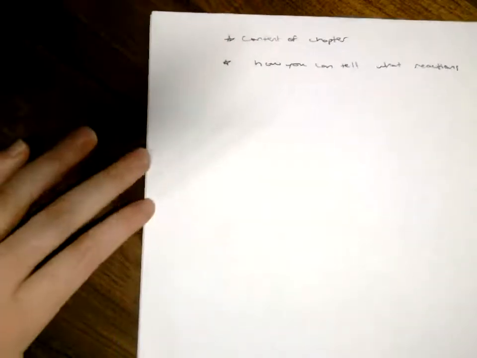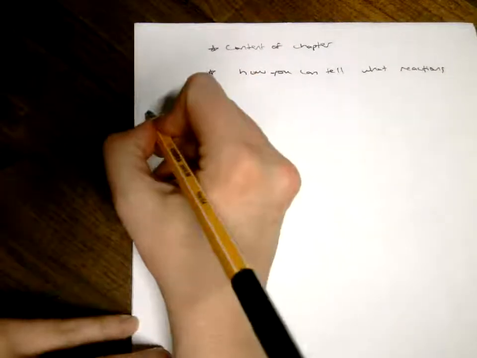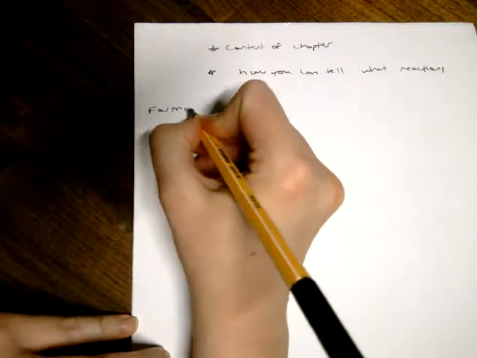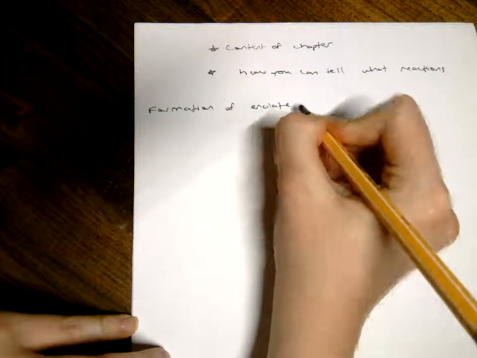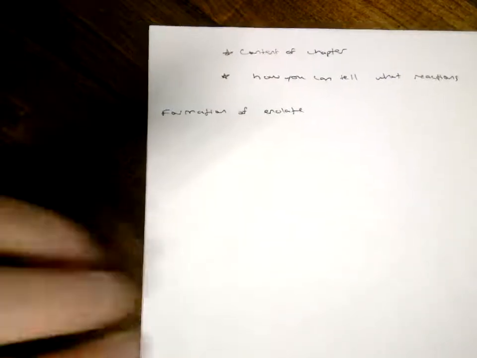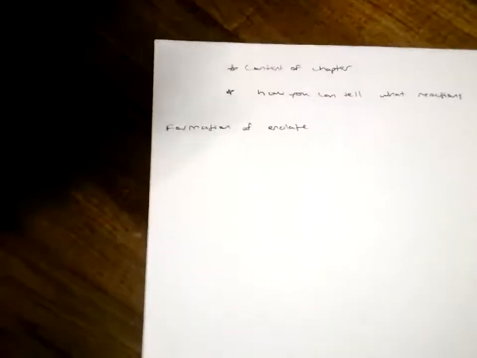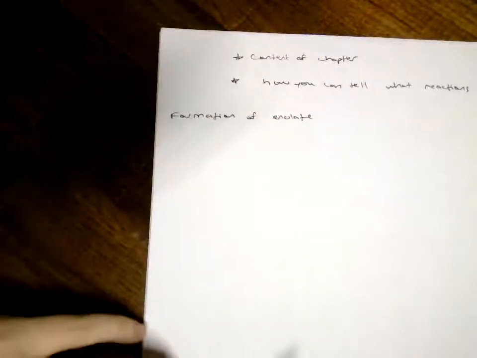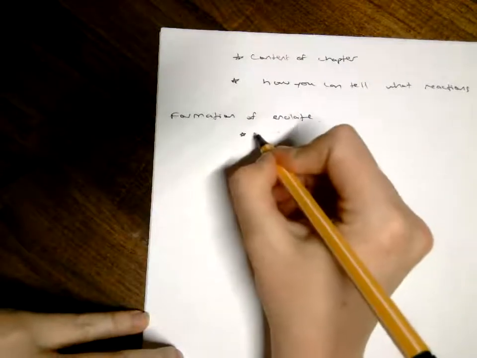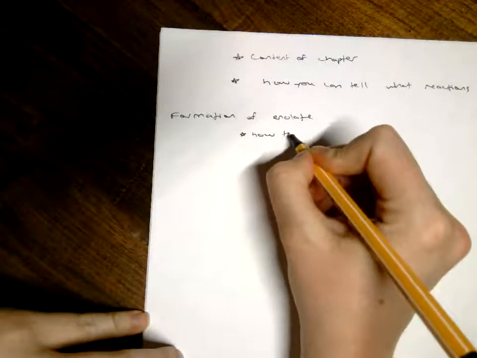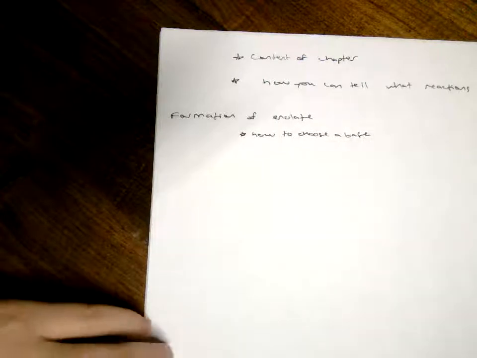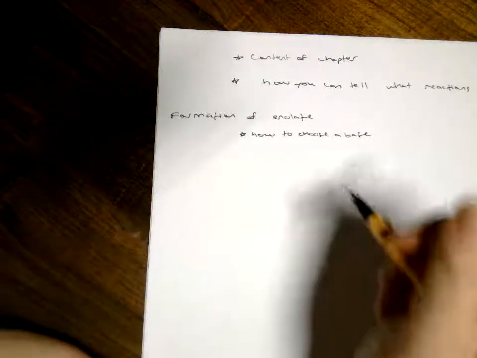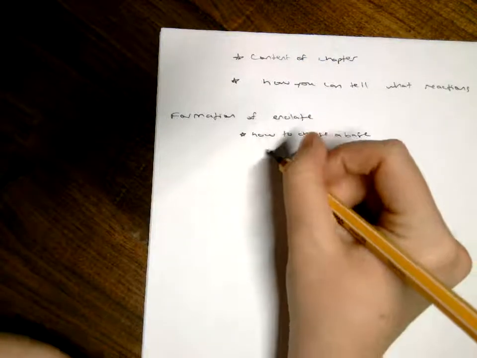So overall, what we've learned about in this chapter is formation of the enolate. And specifically regarding formation of the enolate, we've learned how to choose a base. And that's based on just comparing the conjugate acids of one to the other.